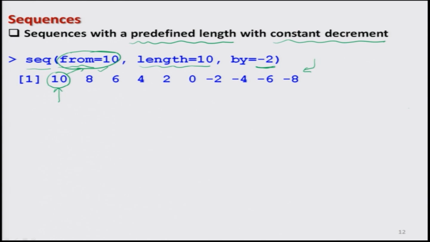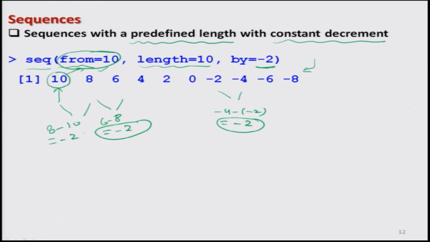Now, if you look at the difference between 10 and 8, it is 8 minus 10, which is equal to -2. The difference between 6 minus 8 is -2, and similarly if you take anything over here, the difference -4 minus -2 is equal to -2.